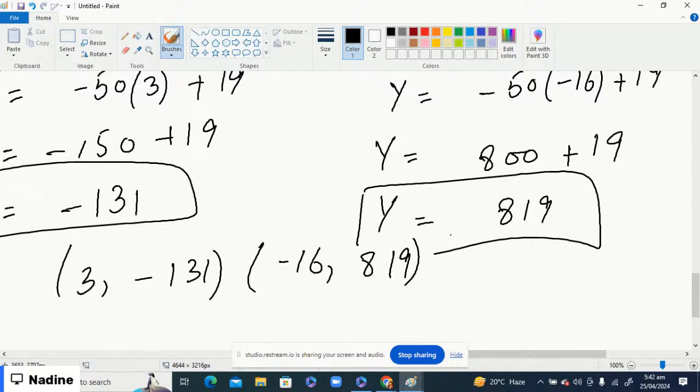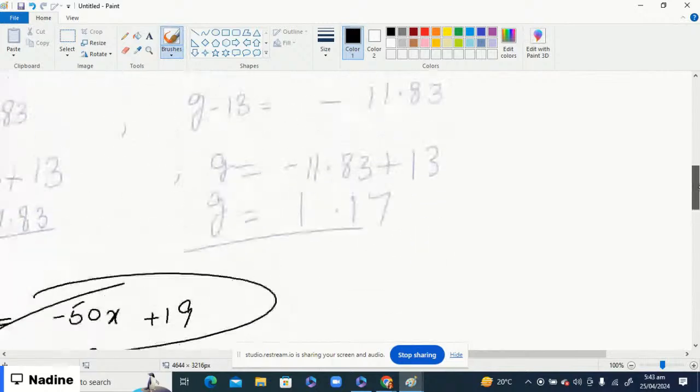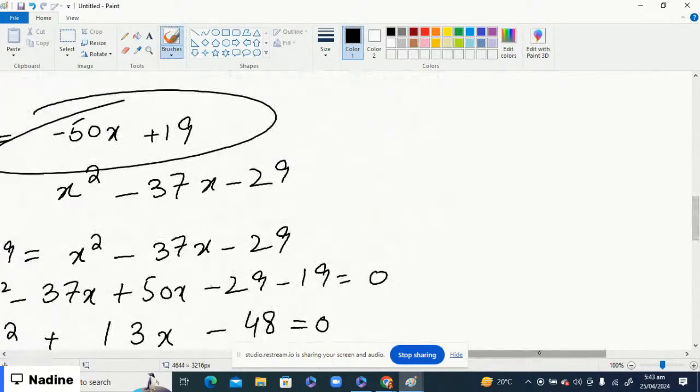These are the two values of y, and this is basically the solution set of this parabola equation. In this way we find it. That's it, it's a simple thing.